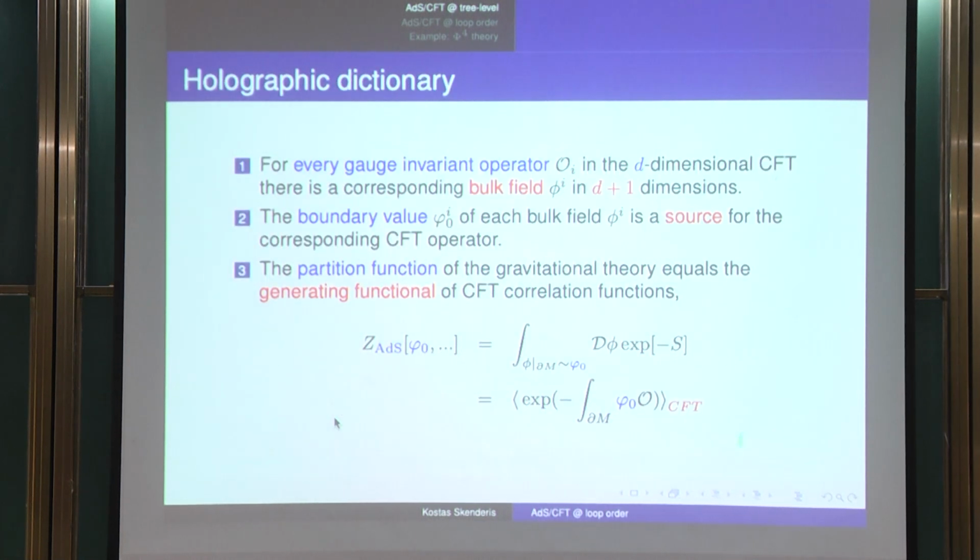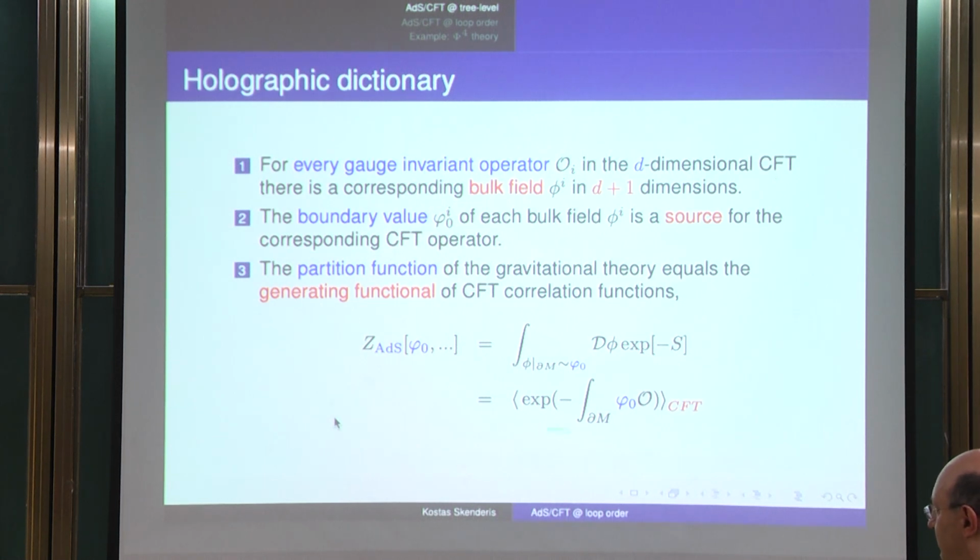That had to be the case for this correspondence to make sense, because we know that in quantum field theory, the sources of coupled operators have to be unconstrained because we functionally differentiate with respect to them. So if you have a constrained source, then functional differentiation becomes a lot more tricky. Generally, we consider the sources as unconstrained.